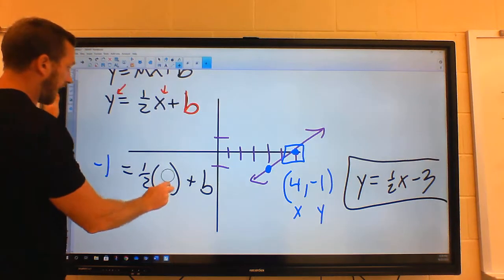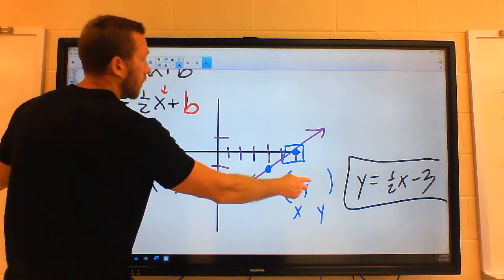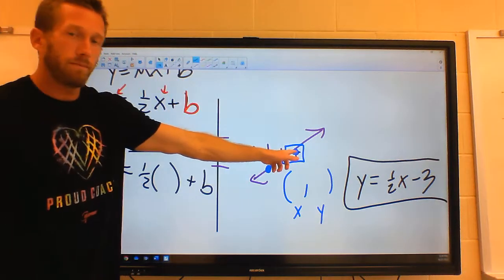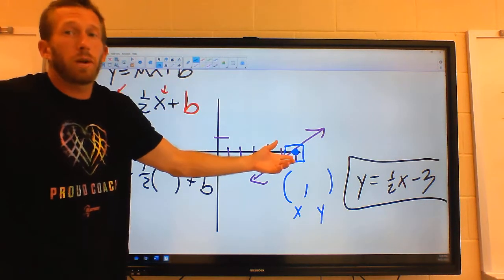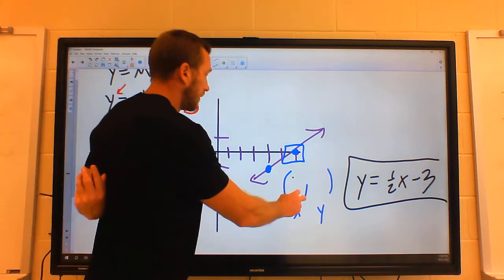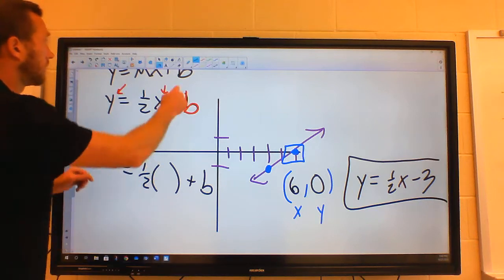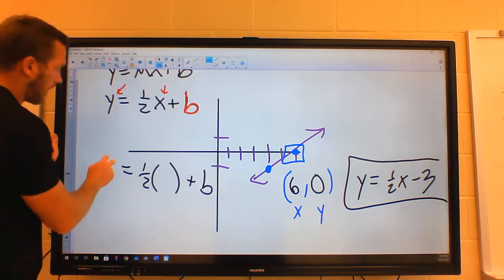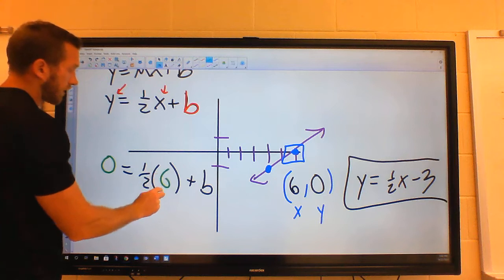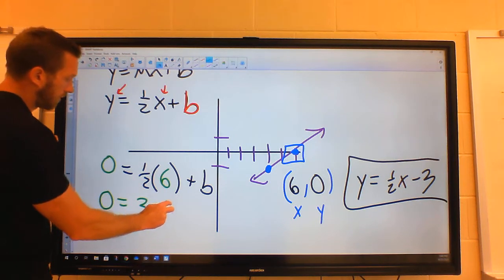So let us look now at this coordinate. So what I'm saying is we could have also used that coordinate. Didn't need to use this one, could have just randomly chosen this one. 1, 2, 3, 4, 5, 6, comma, 0. Okay? So watch. Plug in 0 for y, plug in 6 for x. 0 equals 1/2 of 6 is 3.